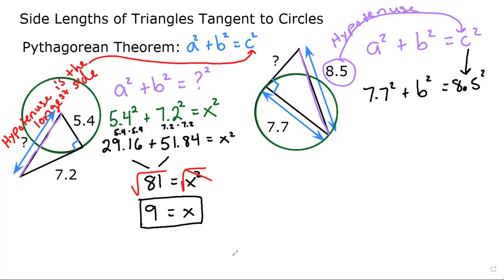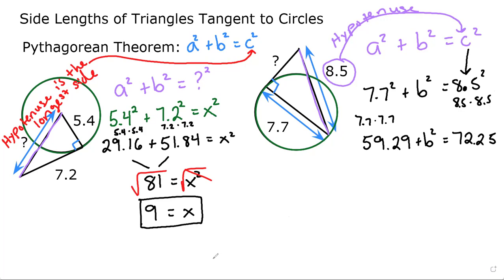So now I got 7.7 squared, which is 7.7 times 7.7, which is 59.29. And then we got plus b squared, and now we got to do 8.5 times 8.5, which is going to be 72.25.